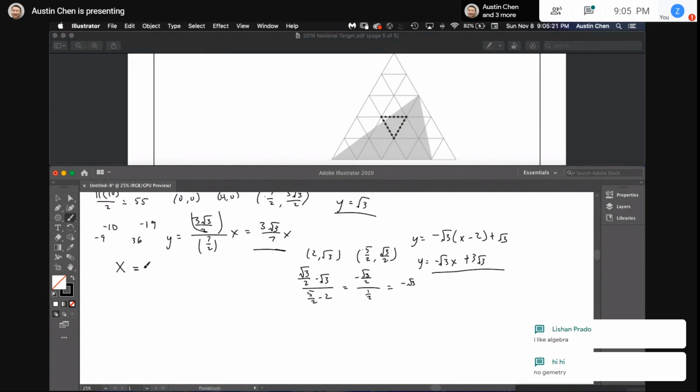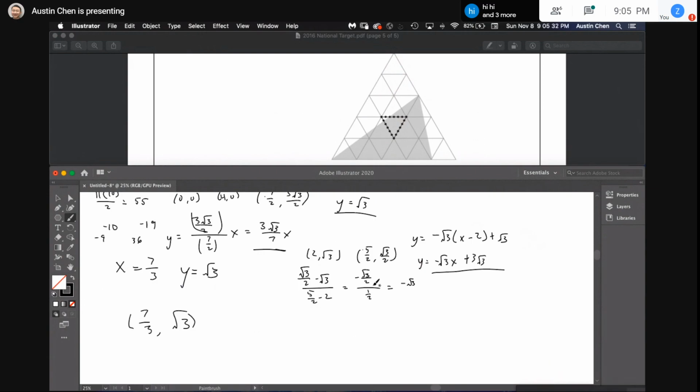then you get x equals 7/3 and y equals root 3. So basically that point right there is going to be (7/3, root 3). And let's do the same thing but with the other equation.